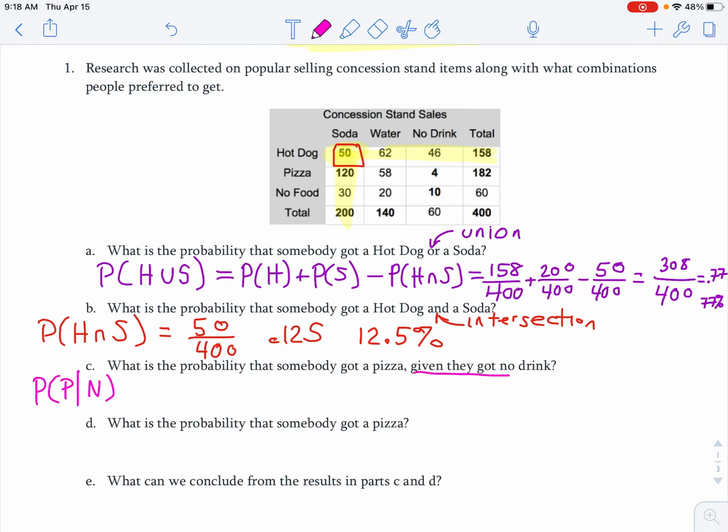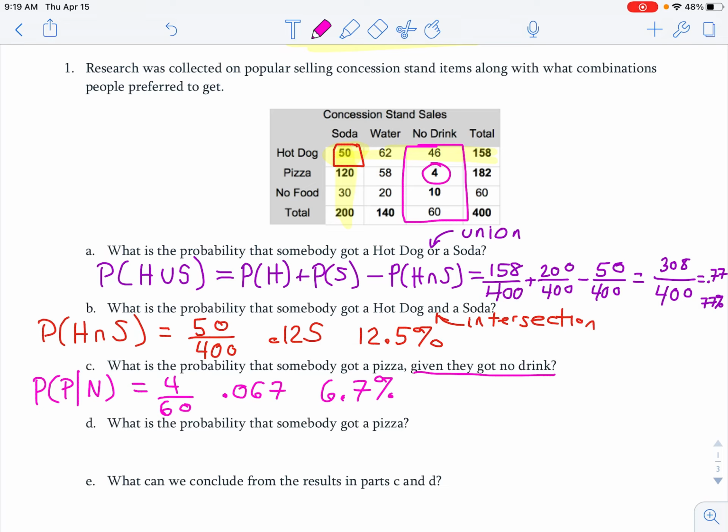Given they got no drink, I'm very concerned about this column right here. How many people got a pizza given they got no drink? It was 4 out of 60, which is about 0.067 or 6.7%.